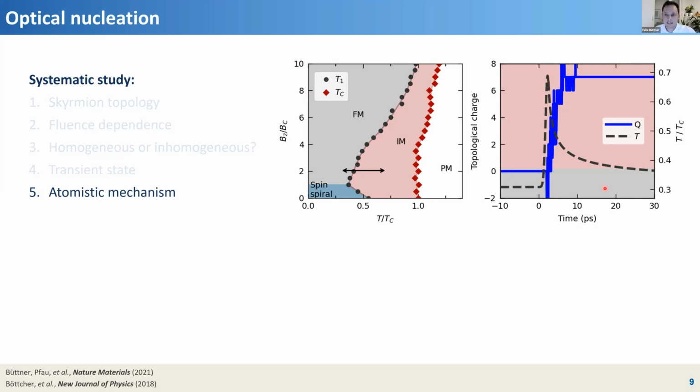And what they find is that as soon as you cross the temperature threshold to the intermediate phase, there is a topological charge building up. So you're nucleating skyrmions without the anti-skyrmion counterpart very rapidly as soon as you enter this intermediate state. And as you cool back down, these skyrmions remain stable. So this is really what we also observed in the experiment.